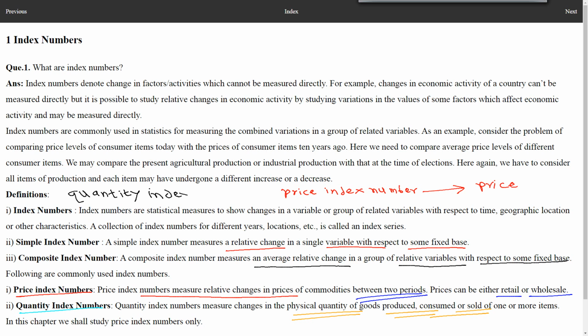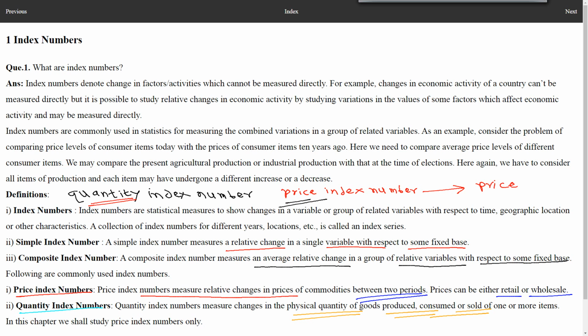These quantities are of goods which might be produced, consumed or sold. So note the basic difference between price index number and quantity index number. In quantity index number, changes in quantities are recorded, whereas in price index numbers, changes in prices are recorded.